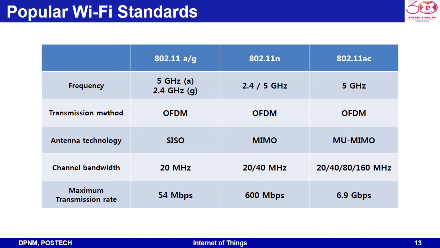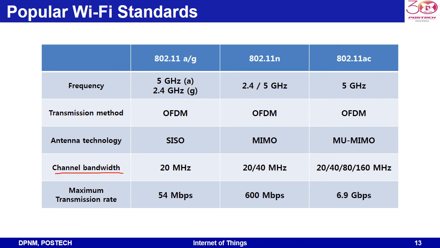Consequently, the process of sending more data in less time by combining various antenna technologies and transmission technology is the parameter of the channel bandwidth. As you can see, the alphabet letters progress through A, G, N, and AC. That means you can send more data at the same time.